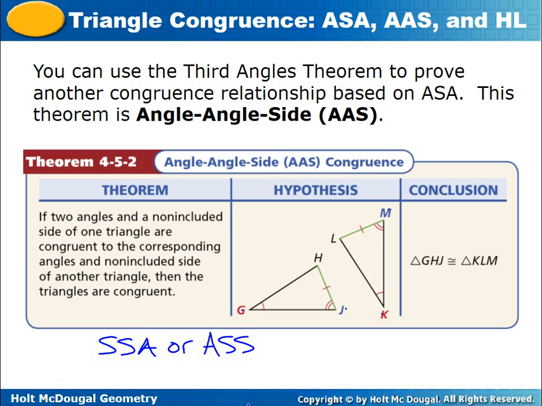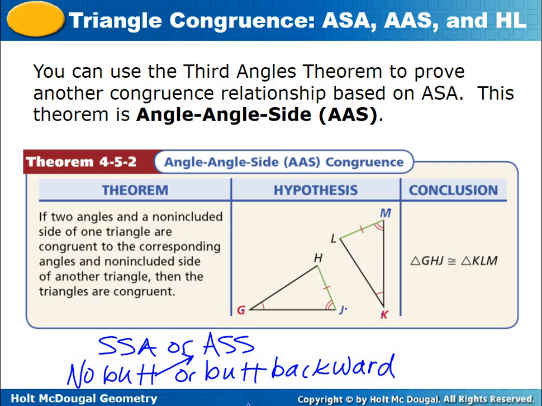So what I tell my students is there's no butt, obviously that word, or butt backwards. That's the way to remember it. There's never going to be two S's next to each other unless you have side, side, side. That's the only time you're going to have SSA or ASS, okay?